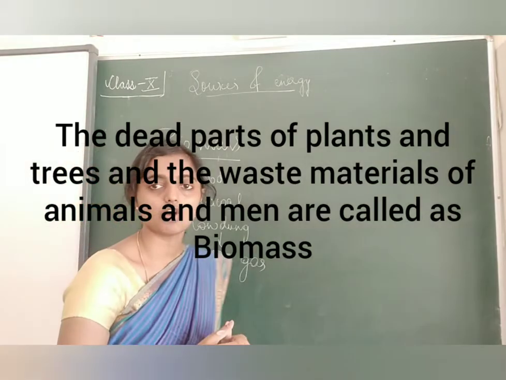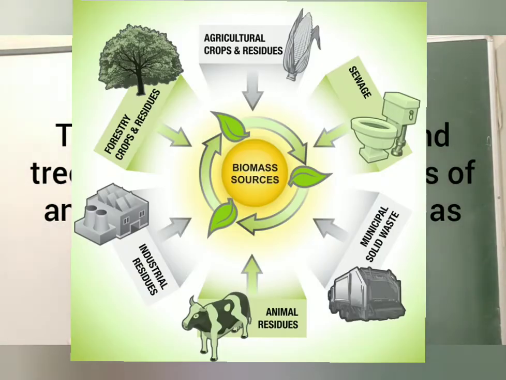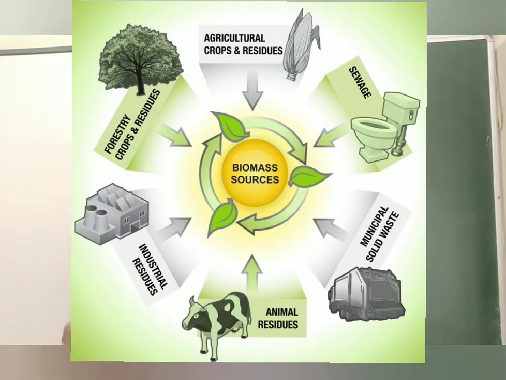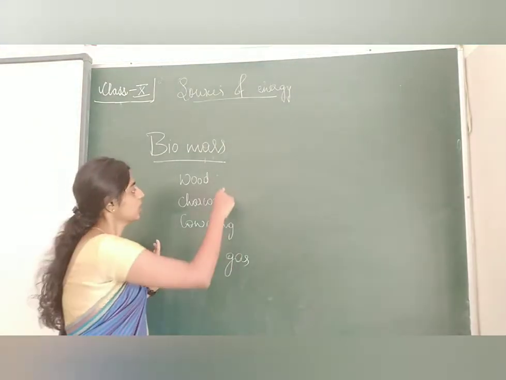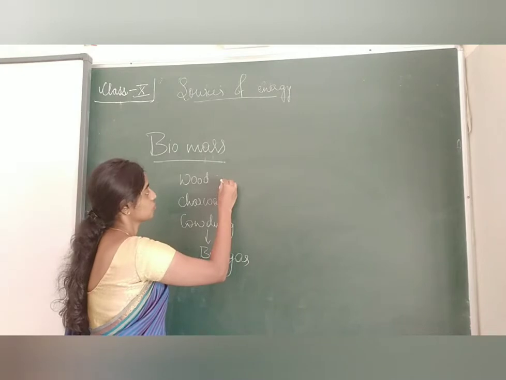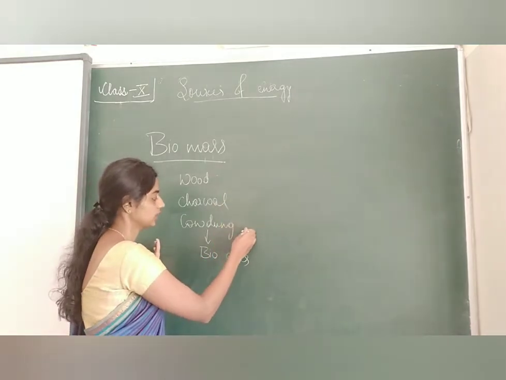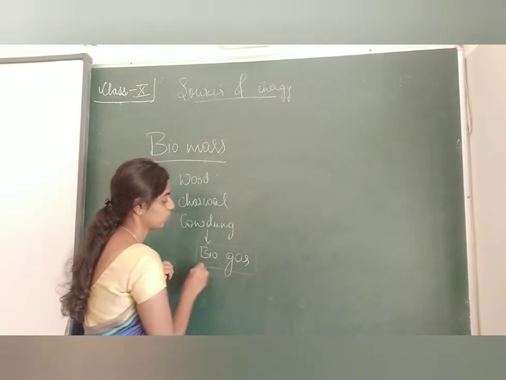The dead parts of plants and trees and the waste of animals and humans are gathered, and that is called biomass. Under that, let us study how these come under biomass, that is wood and charcoal, then cow dung. After cow dung, let us see about biogas.